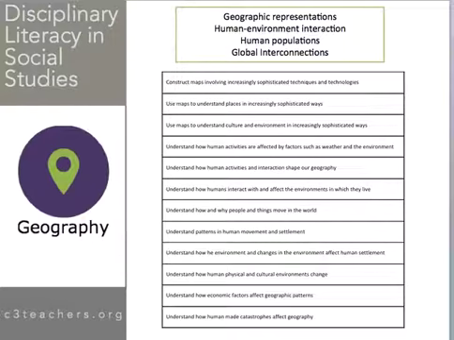I've also included at the top of the screen the 4 sections in the geography strand of Dimension 2 in the C3 framework, just so you could get all of this on one slide. The 4 subsections are geographic representations, human environment interaction, human populations, and global interconnections.